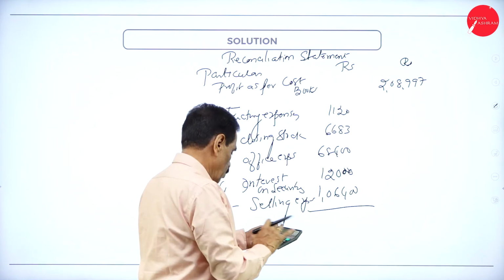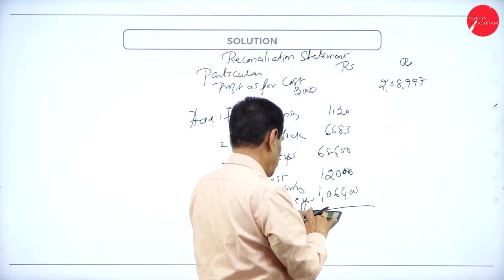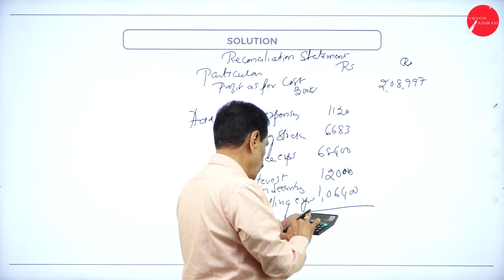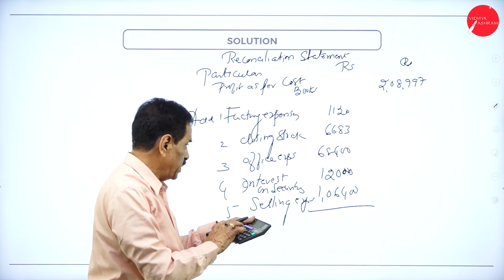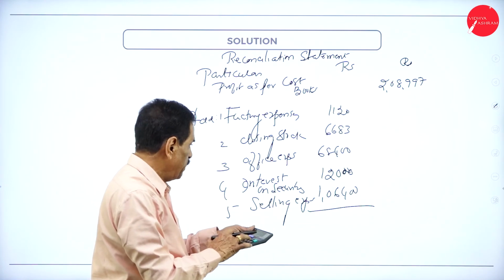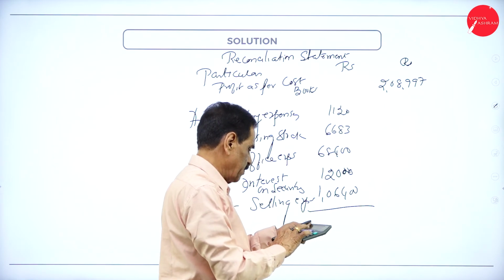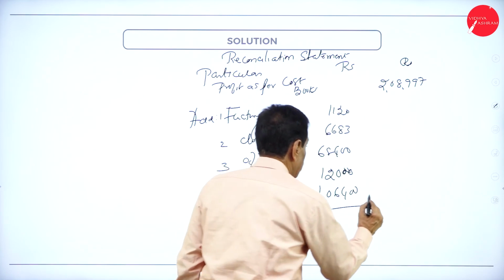Add all. 1,120 plus 6,683 plus 68,400 plus 12,000 plus 1,06,400 gives 1,94,603.